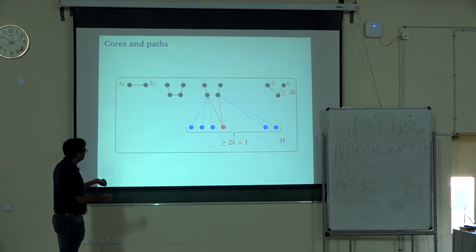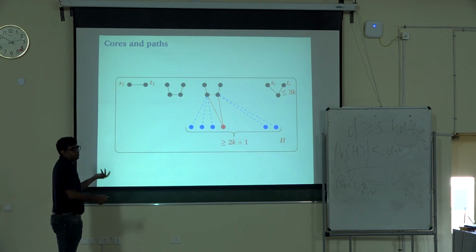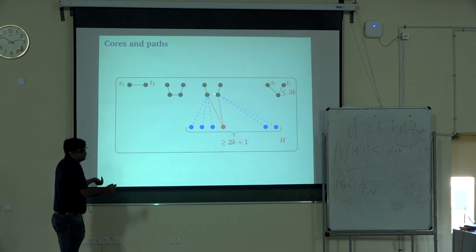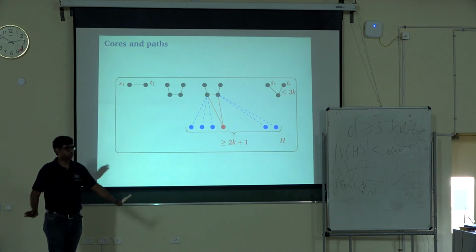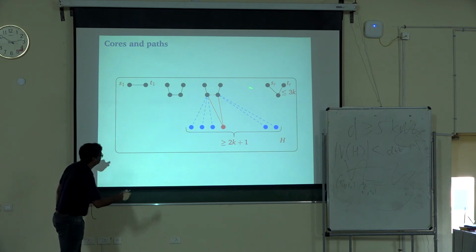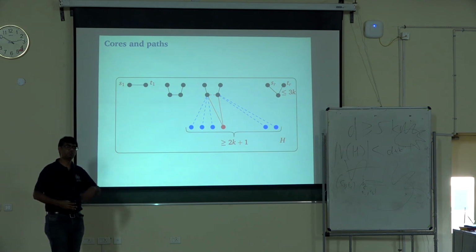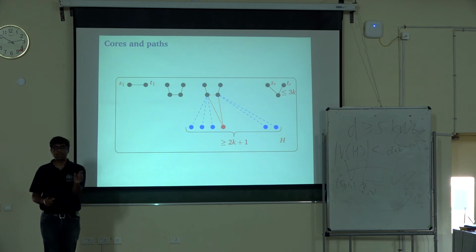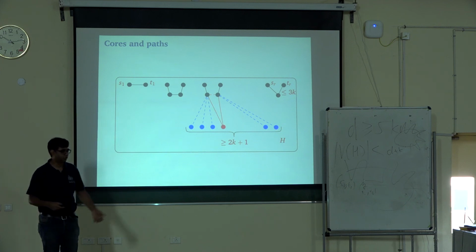How many non-neighbors does each endpoint have? At most k minus 2. So there is at least one vertex which is a common neighbor to both. Just take it. Done. So if the number of vertices used in this path system is small, I can do the same trick which I did before: find an edge which has a common neighbor, remove this edge and take this path. This is how you can enlarge your path structure.